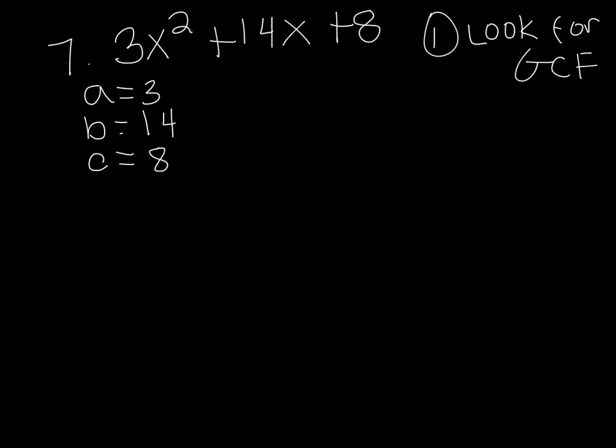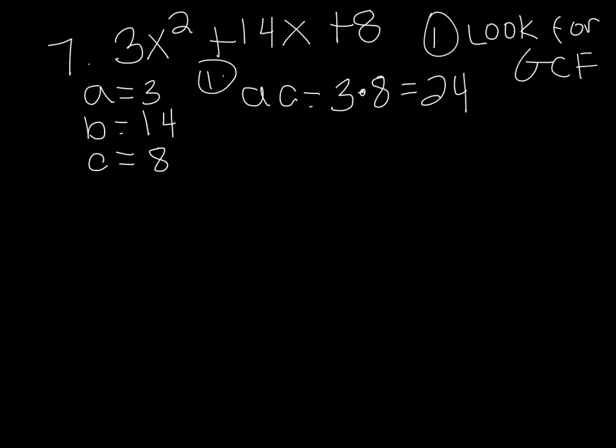Okay. So what the AC method says is the first thing that you want to do is multiply a times c. In this case, that's 3 times 8, which equals 24. So that's step 1.